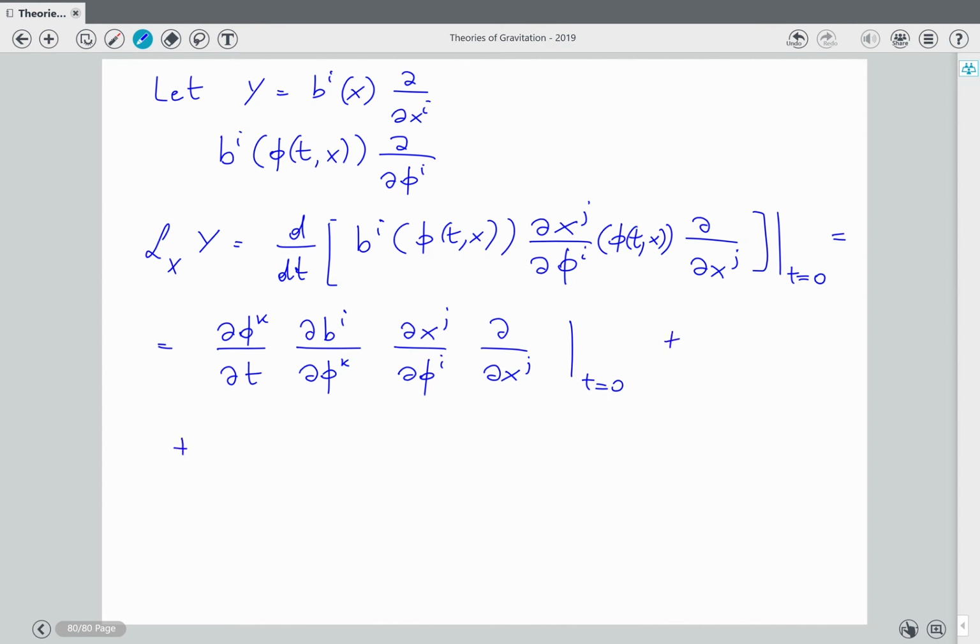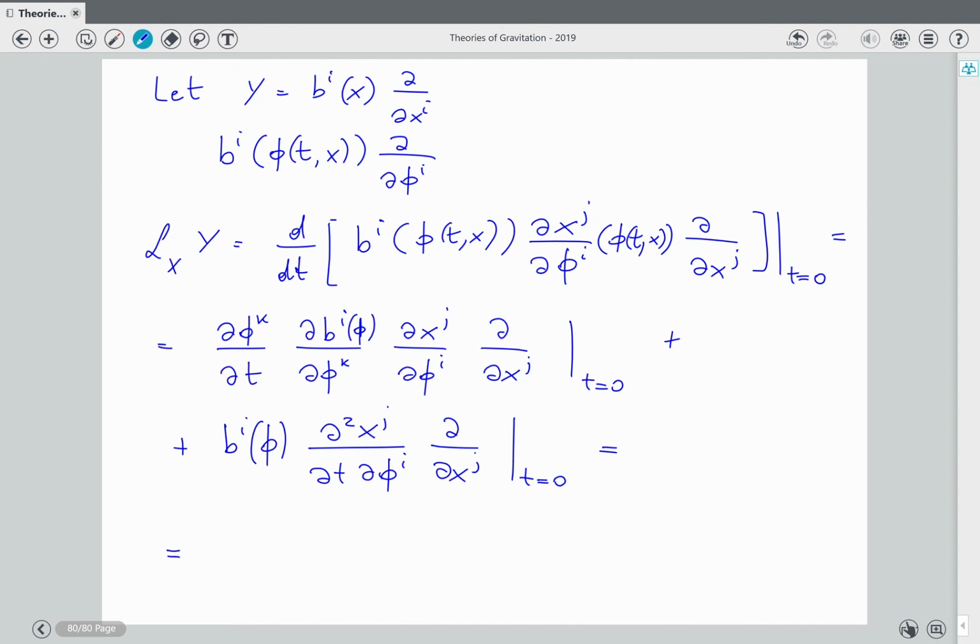Plus the derivative here, so you have b_i of phi times the derivative with respect to t. That is a derivative at constant x, so we'll have this, at t equals 0.